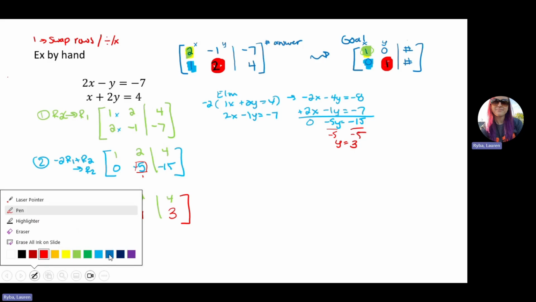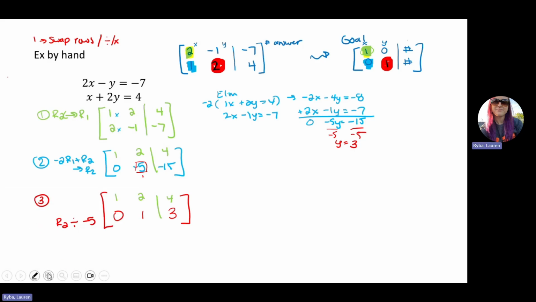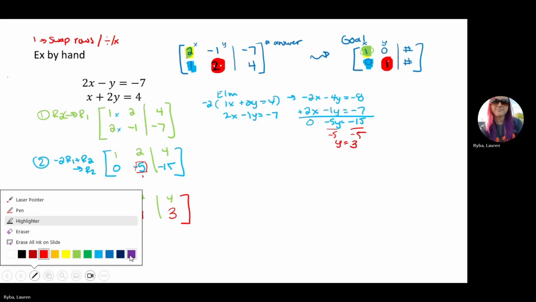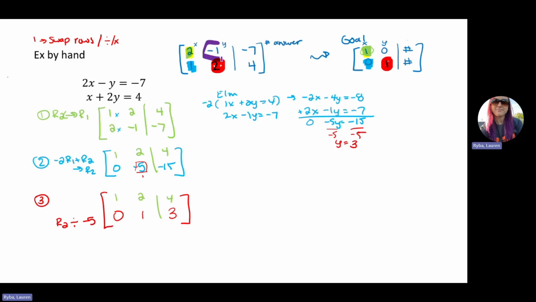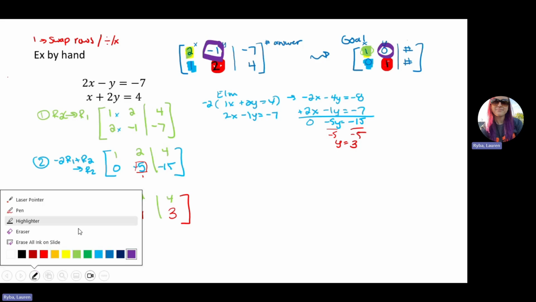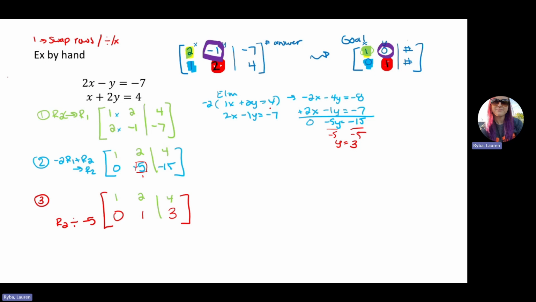Okay, so my last step here is to then get my 0. Now, zeros involve using this elimination tactic. So you're going to multiply something to a row and then add it to the other row so that you're going to cancel out that value.